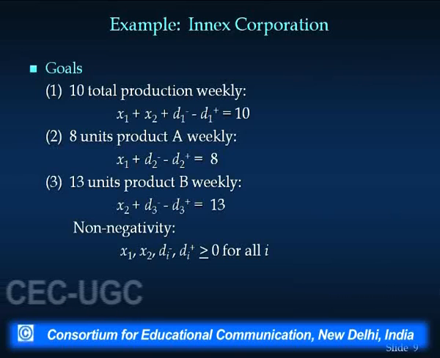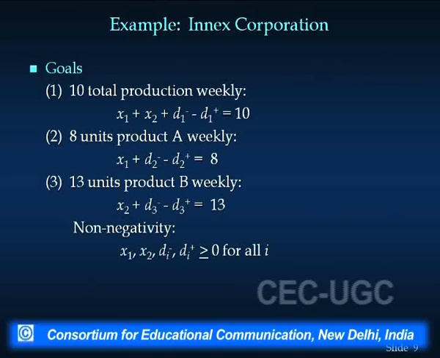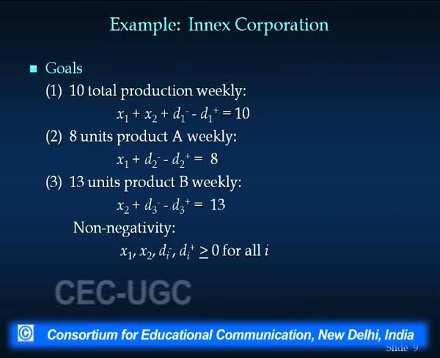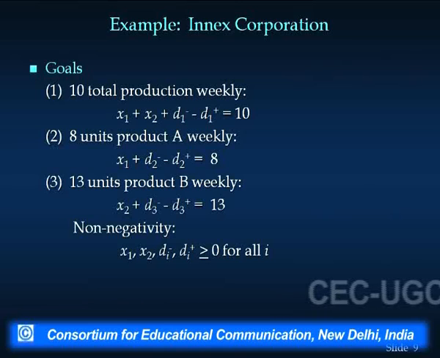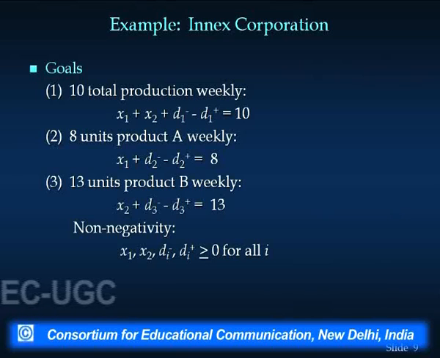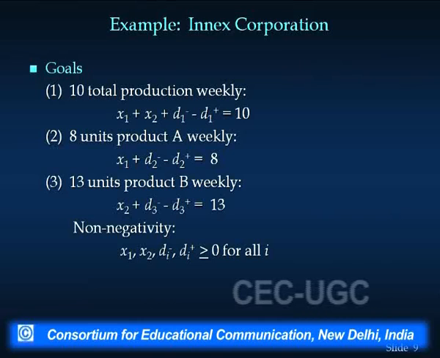Of course, we can add them. Before adding, we will multiply these deviations with their priorities. So our objective function is: minimize P1 D1 minus plus P2 D2 minus plus P3 D3 minus, because all these deviations are to be minimized.